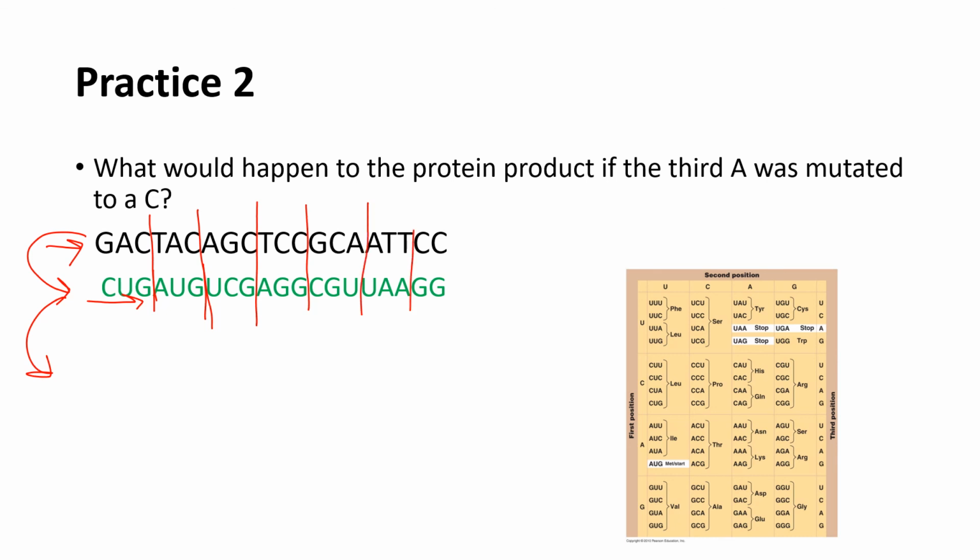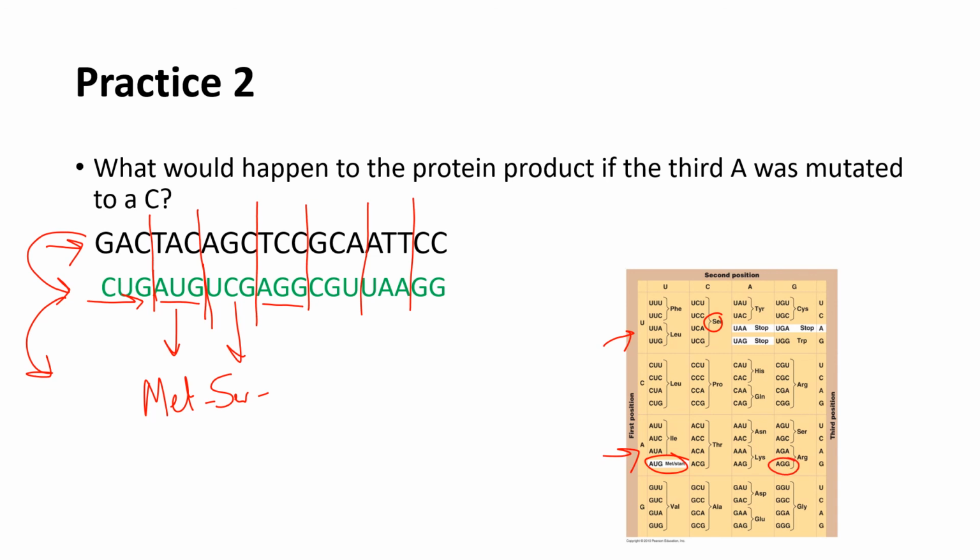So it's pretty close. All right, again, translation, just going through translation, AUG. AUG is methionine. And then UCG. UCG is serine. And then the AGG.